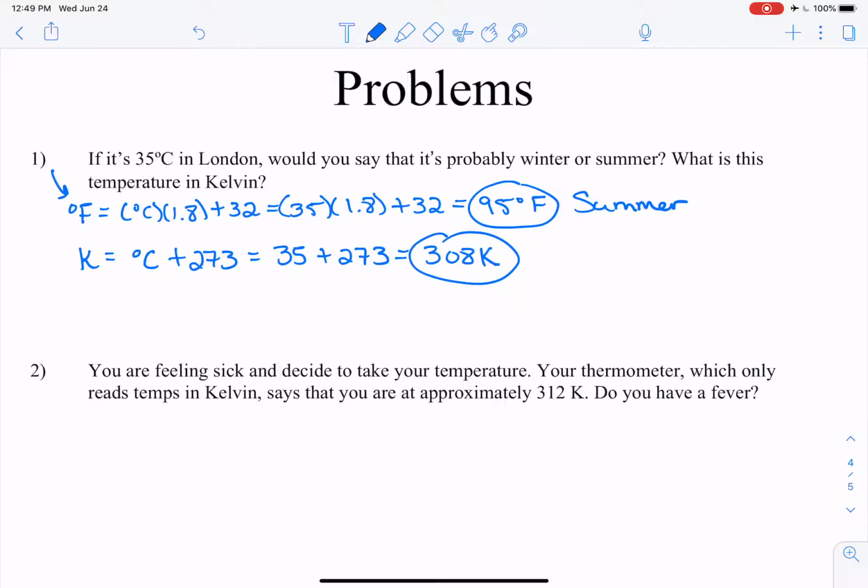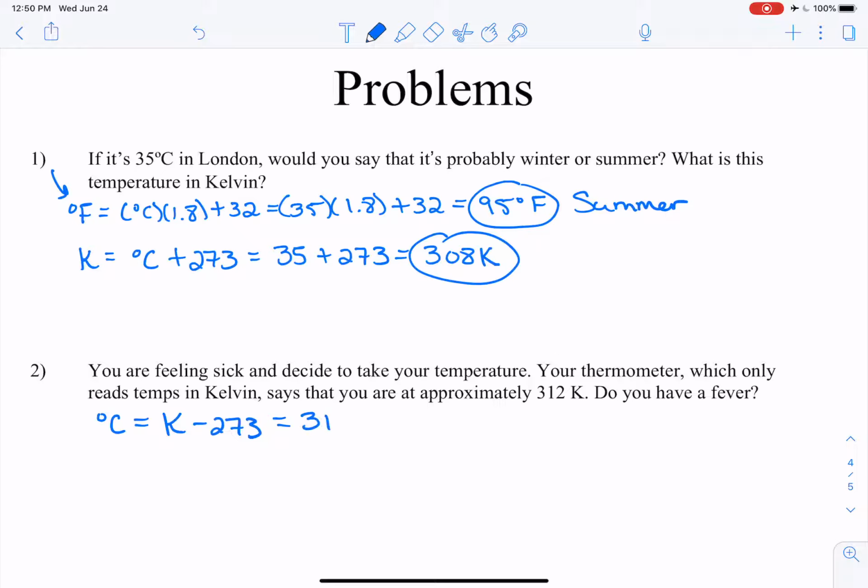All right, so we want to go from Kelvin to Celsius. So we have degrees Celsius equals Kelvin minus 273. We write out our equation first, just to keep reminding ourselves of what it is, and that way it gets on our brain.